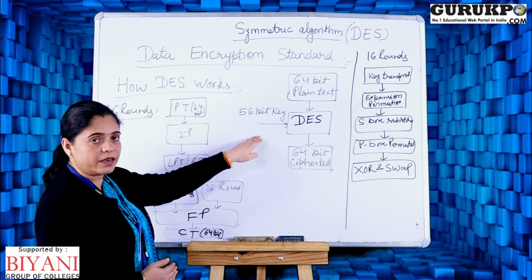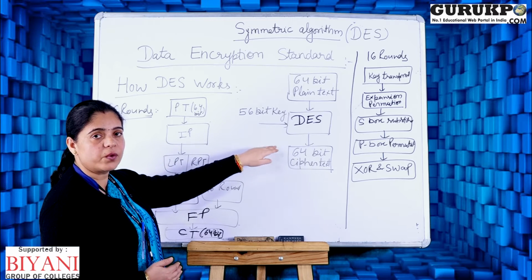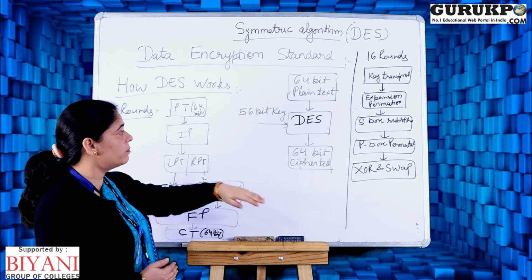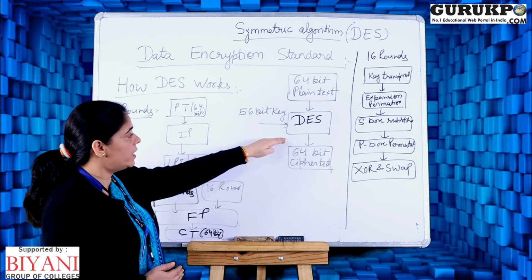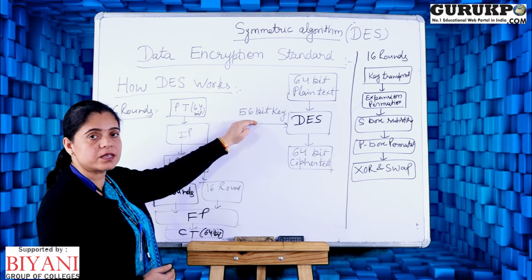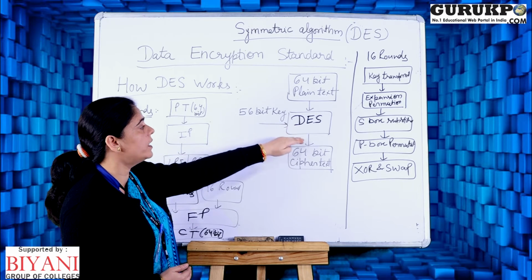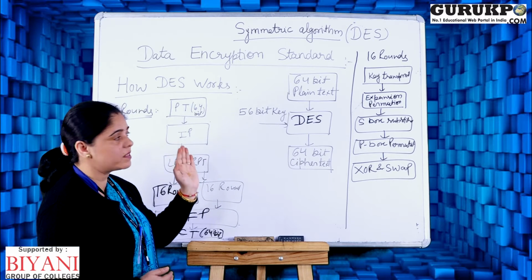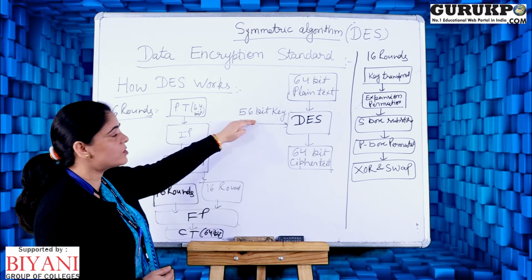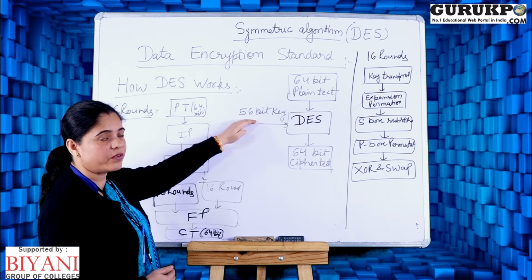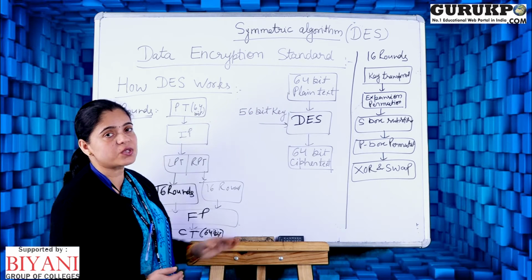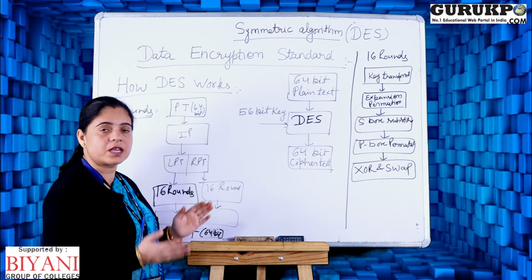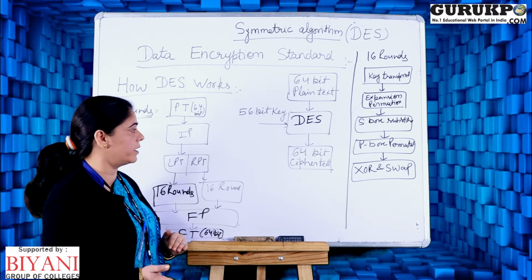Meaning the 8th, 16th, 24th, 32nd and 48th bits will be discarded for DES, and only the 56-bit key will work in DES. In the next step we will see the size of the 56-bit key will be transformed again, and the plain text will be divided into two halves, left plain text and right plain text.